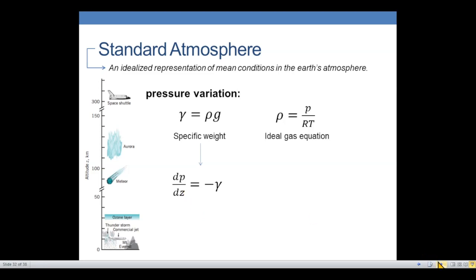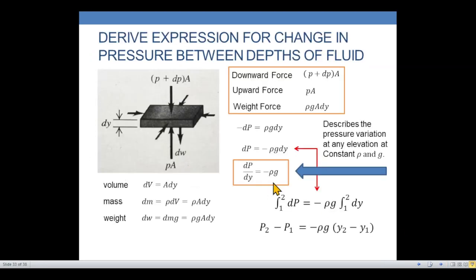This is the slide that we used in that previous video, as to how we derived this particular expression. Take note that in this case we used y because we followed the y axis as the vertical change, but we're going to change this now into z, to conform with the notation that the standard atmosphere is using.